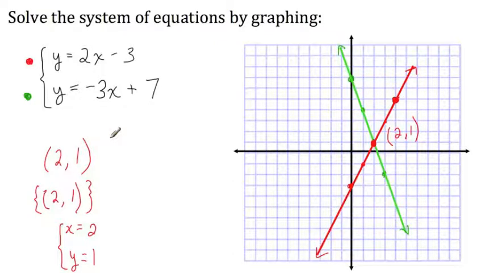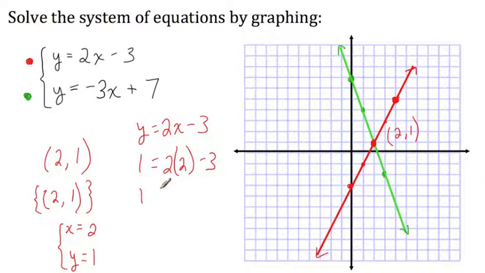And just to explore that, I'm going to go ahead and plug into this first equation here, which is y equals 2x minus 3. What we're saying is that this solution, when x equals 2 and y equals 1, will satisfy this equation. So I'm going to go ahead and plug in 2 for x and 1 for y. So y equals 1, x equals 2, and then simplify the right-hand expression.